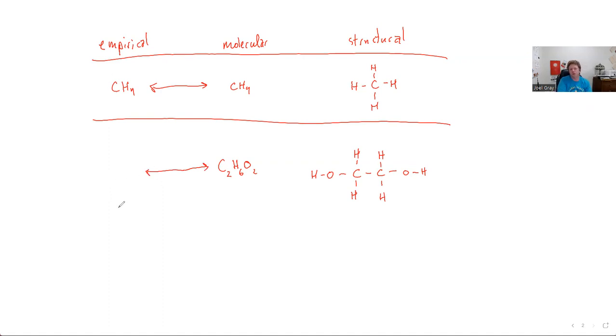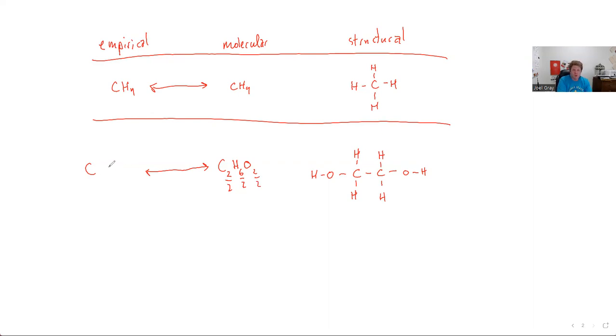And if we do that, all that we're looking for is the lowest common denominator. What we can see in this case is that our lowest common denominator is 2. So we can have an empirical formula of C, and we're going to divide each one of these by 2. So 2 divided by 2 is 1, and you don't have to put a 1 subscript.